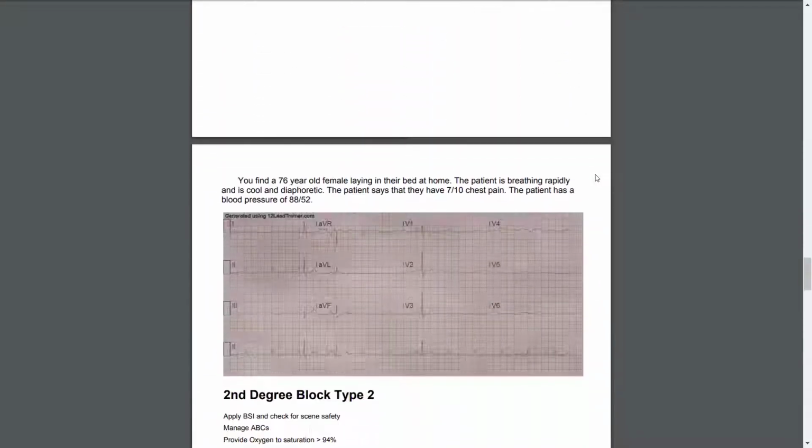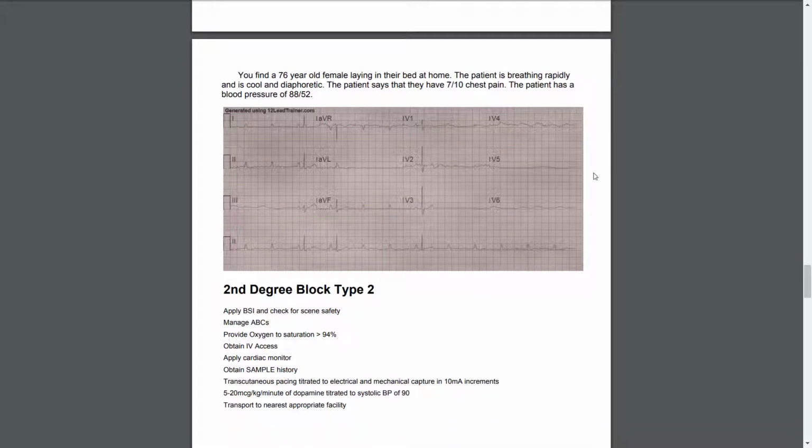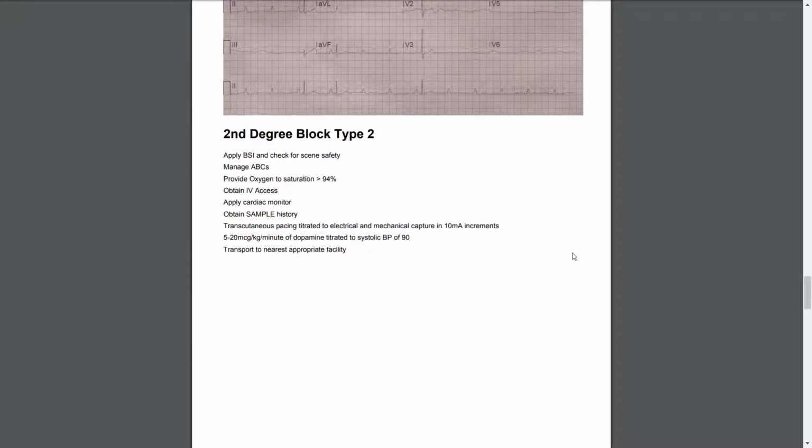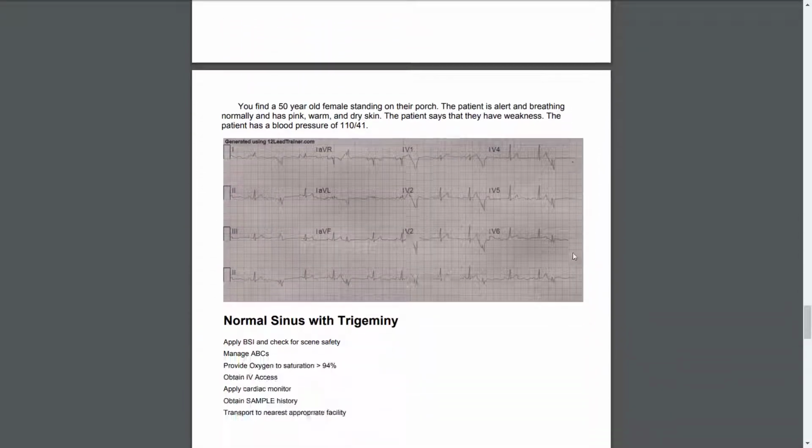And then you will also be provided with what's known as an instructor packet, which is something that you yourself can assess with, or you can have a partner student assess you with, or a preceptor or instructor. Again, the instructor packet shows you the exact same scenario with the exact same rhythm, but it includes the correct interpretation and the correct treatments per ACLS guidelines.